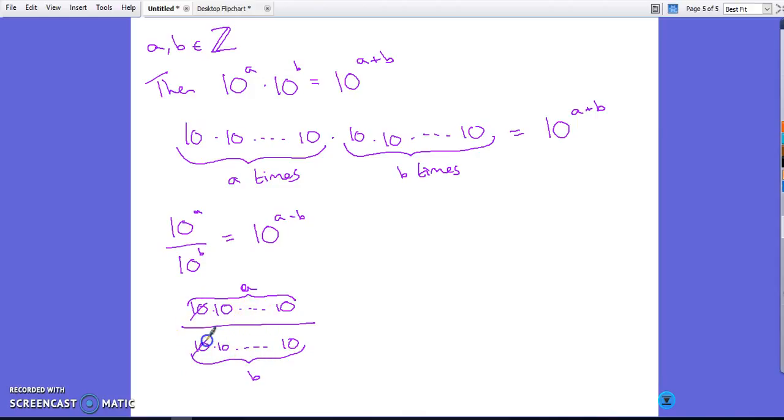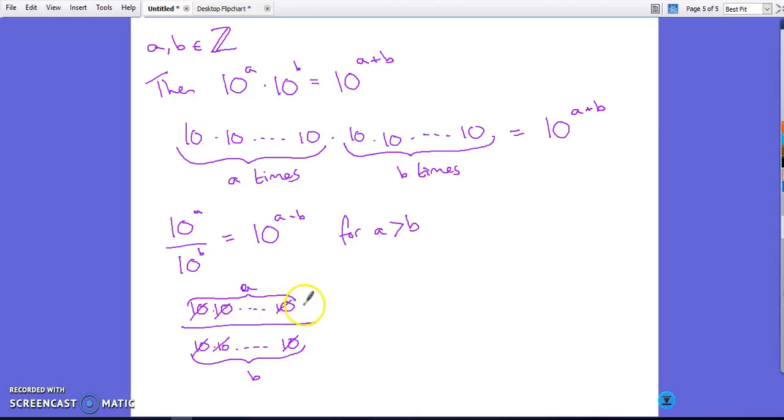So every time there was a 10 there, there was a 10 there, and we'd just be left with the 10s if there are no B's left. So this works for when A is bigger than B, because of the cancelling here.